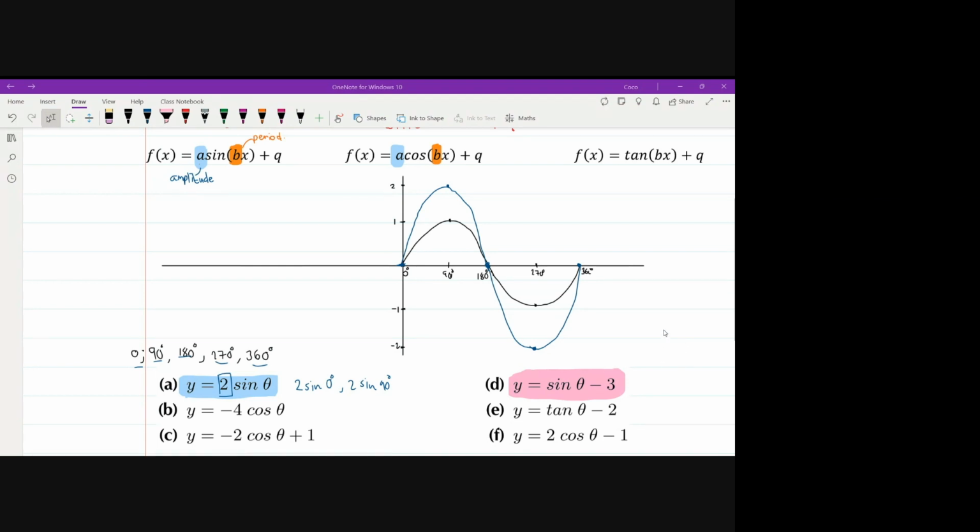Just think about functions in general. How is this actually going to shift our graph? Or do we want to compare it to the mother graph first? Okay, we've already got the mother graph. Remember, it's the one in black.